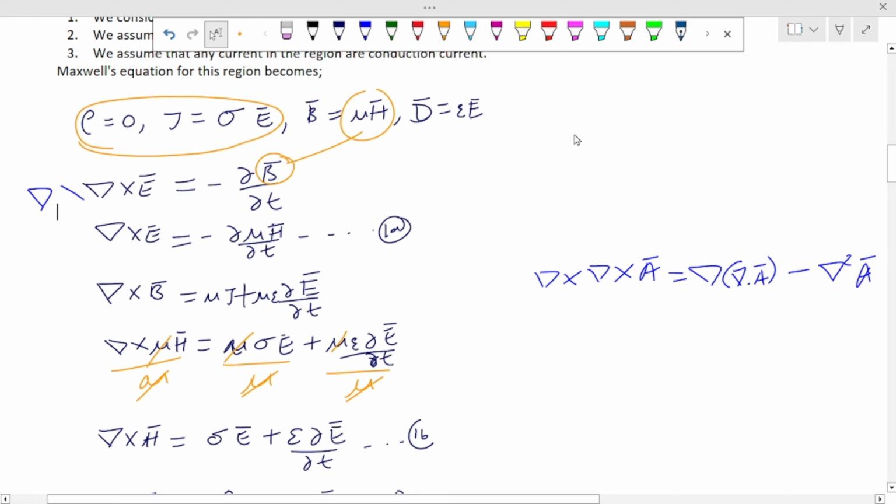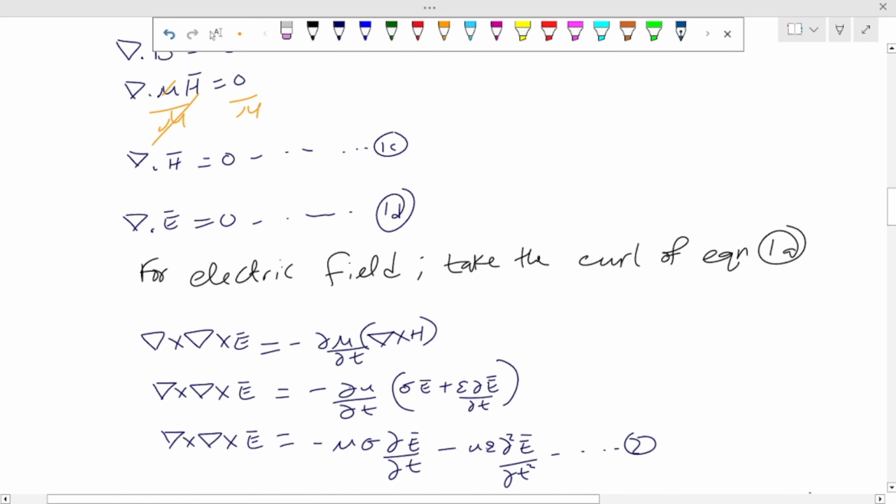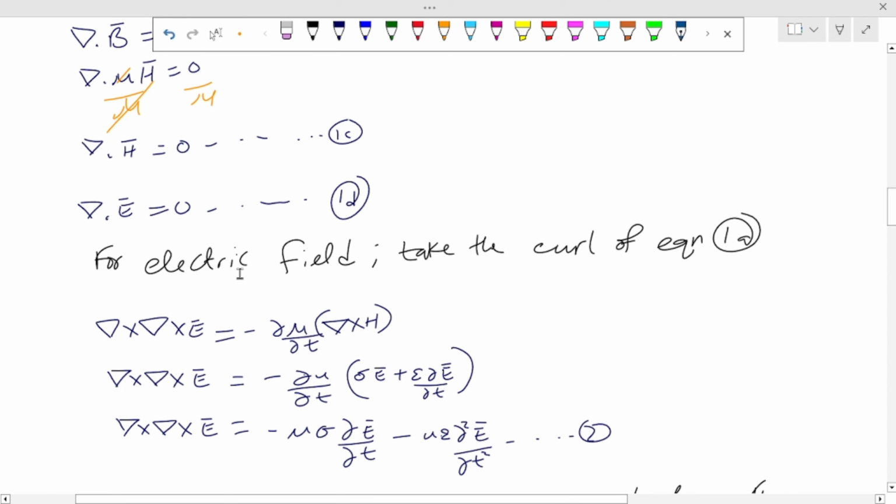To simplify equation 1A, we take the curl of both sides so that we can get to this identity. So for the electric field, we take the curl of equation 1A, which is what we have just done.